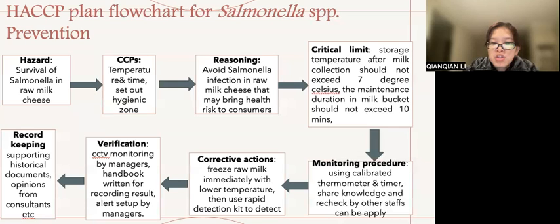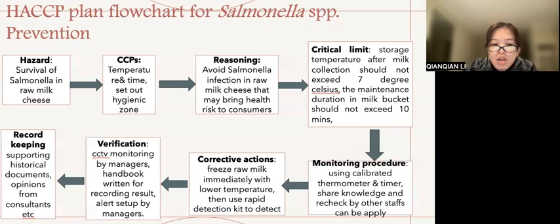And for the verification, CCTV monitoring by managers is recommended, because staff may be careless when they focus on one thing and forget to do another thing. So a handbook is written for recording the result, and alerts are set up by the managers.